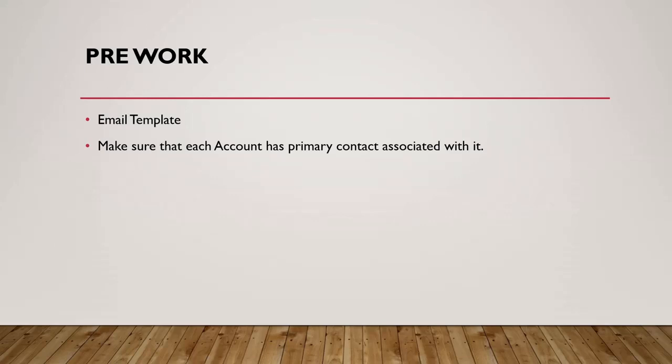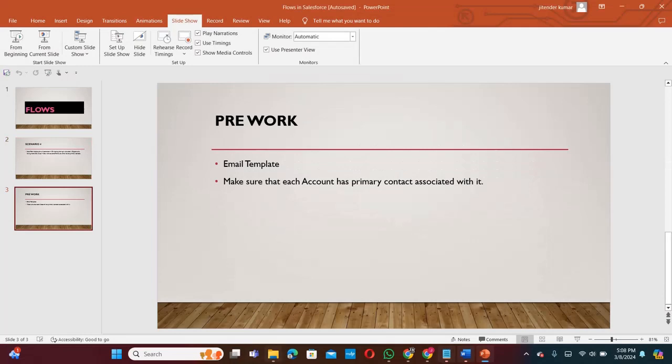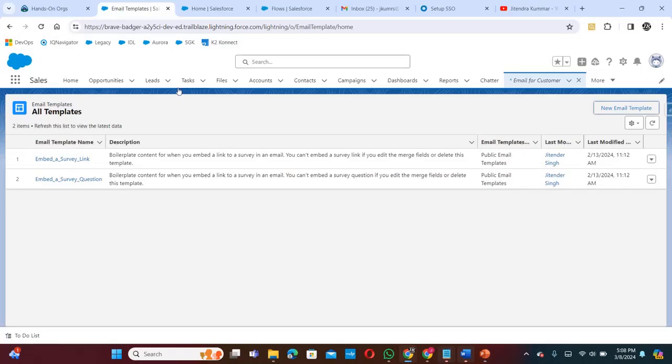I have already created one custom field that identifies my contact as primary contact. Let me show you before I start with my flow. Let me jump onto my practice org, which I have already opened.